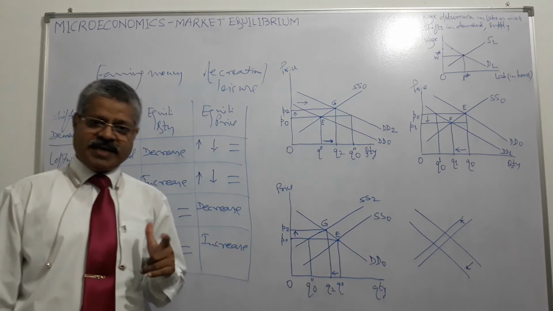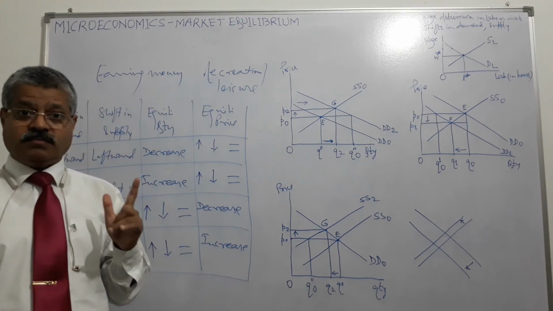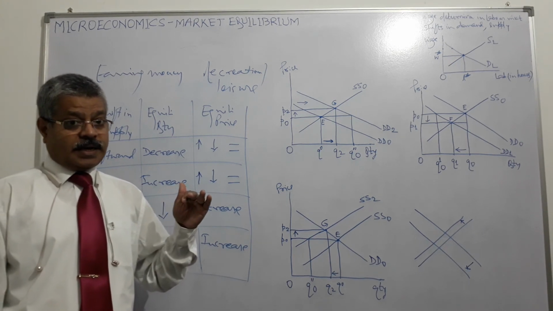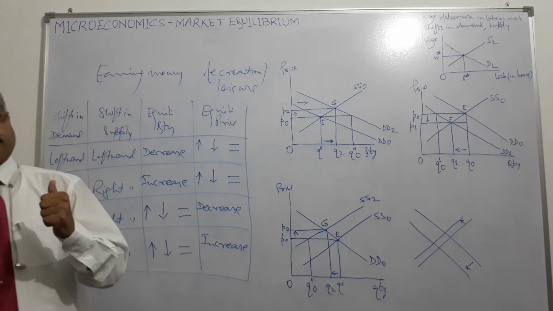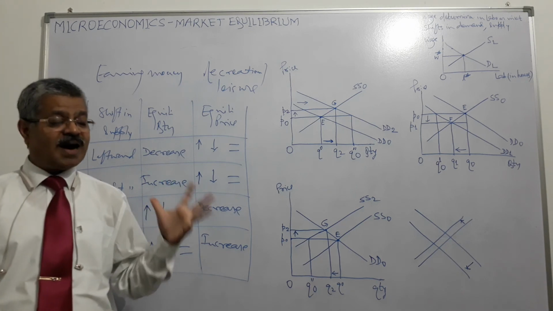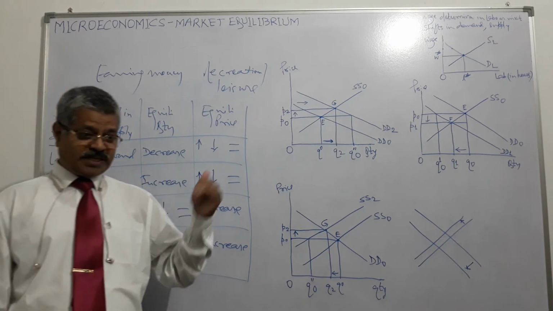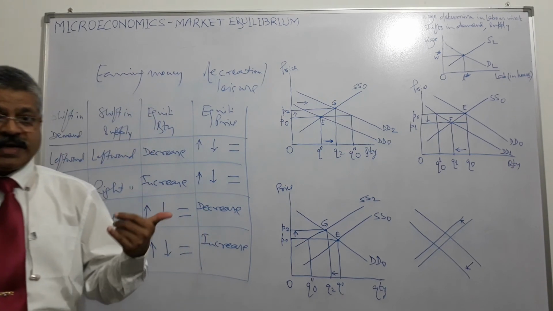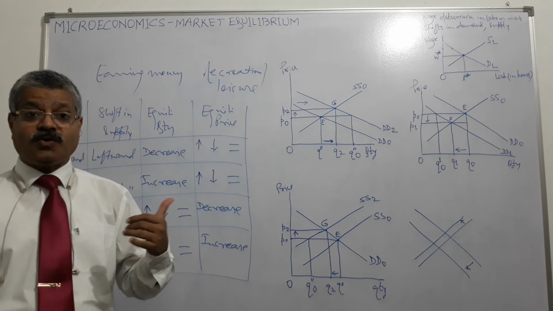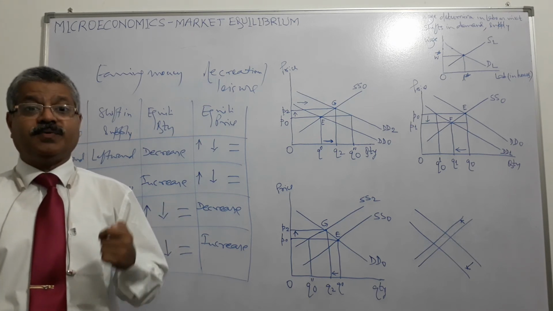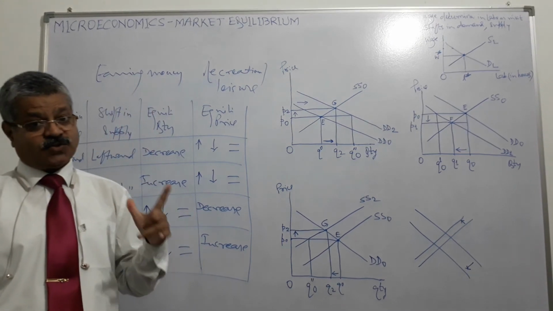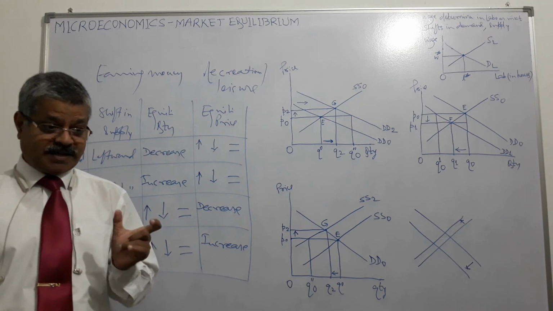By selling each extra unit of output, the firm earns additional income, and the additional earning of the firm is the marginal revenue. Suppose 10 units I sold for 100 rupees, 11 units for 115. So the marginal revenue out of the 11th unit sold is 15 rupees. 115 minus 100 is equal to 15, right? That is called marginal revenue, the firm gets from that extra unit.